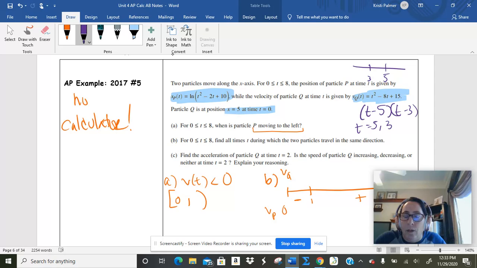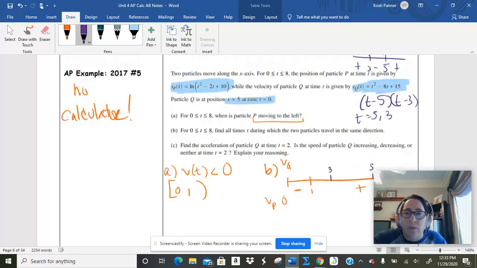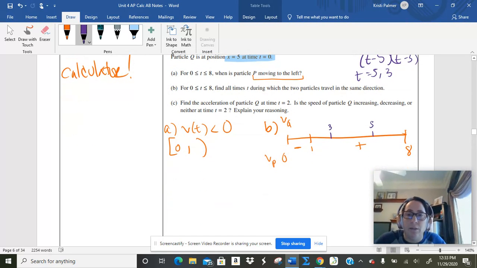Plugging in 1, I would get positive. Plugging in 4, I would get negative, and 6 would give me positive. So around the 3 and the 5, we went positive, negative, positive.